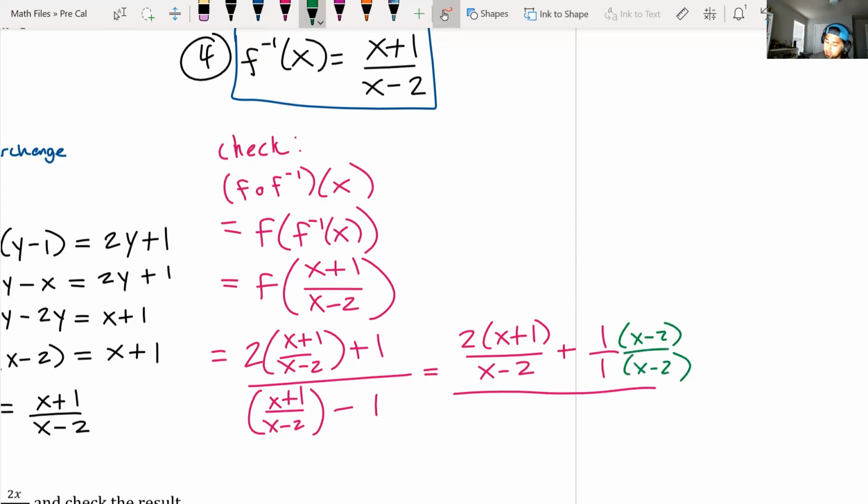Good. Now, let's look at the denominator. You have x plus 1 over x minus 2 minus 1. Put that over 1. And do we multiply by the same denominator? Absolutely. Yes.